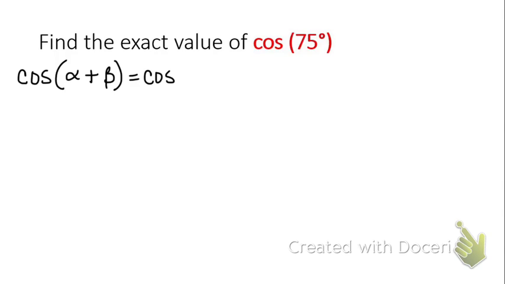So I'm going to say that alpha is my 30-degree angle. Beta is my 45 degree. So every place where you see an alpha, you're going to put a 30, and every place where you see beta, you're going to put 45. So we have cosine of 30 degrees times the cosine of 45.